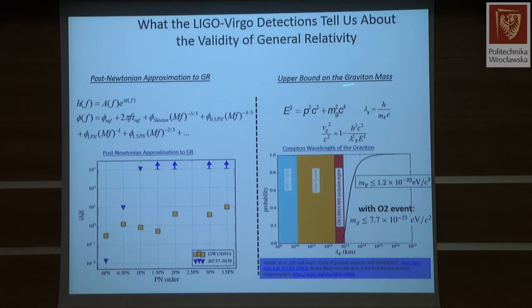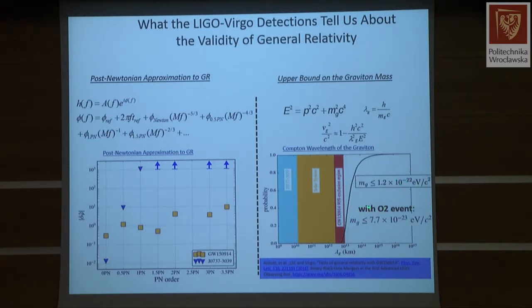And when the graviton is massive, this would affect the phase of the signal, so that our templates will be getting out of phase from the GR model with a massless graviton. And so this can be tested, and one imposes interesting bounds on the mass of the graviton, and these bounds improve with more measurements.